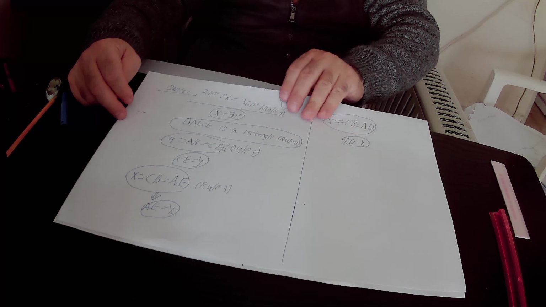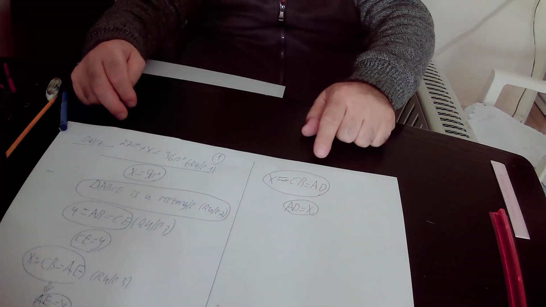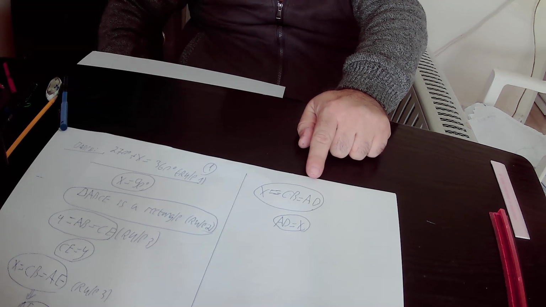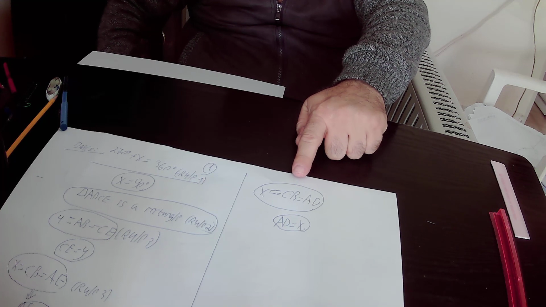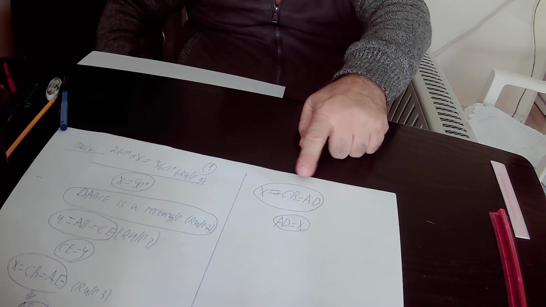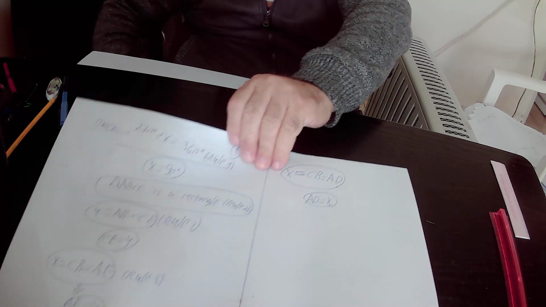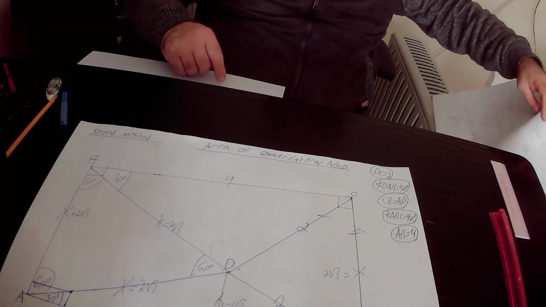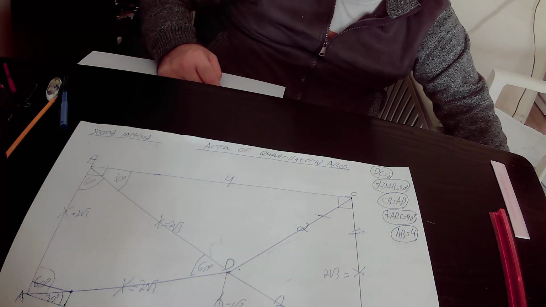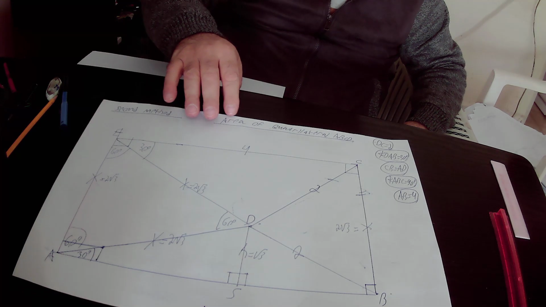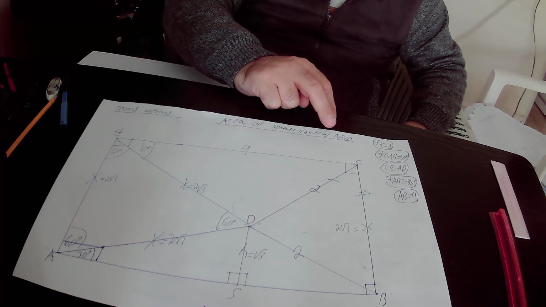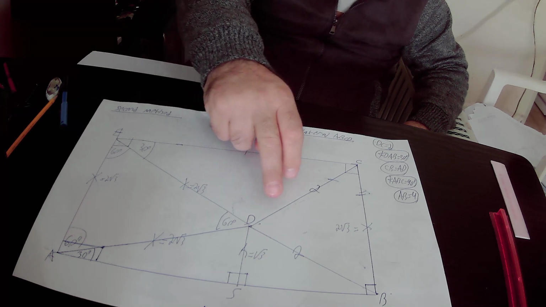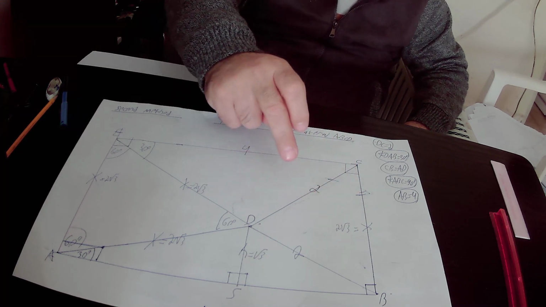And according to what is given in the question, CB equals AD. But we already know that CB equals X, so from this equation we derive that AD also equals X. Then we join points E and D together by a straight line, and we join points D and B together by a straight line.